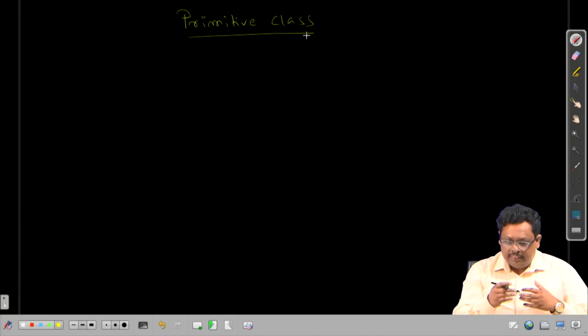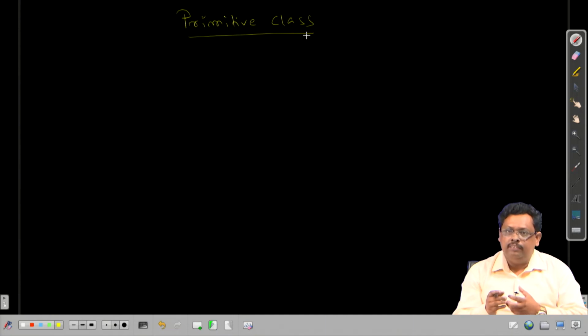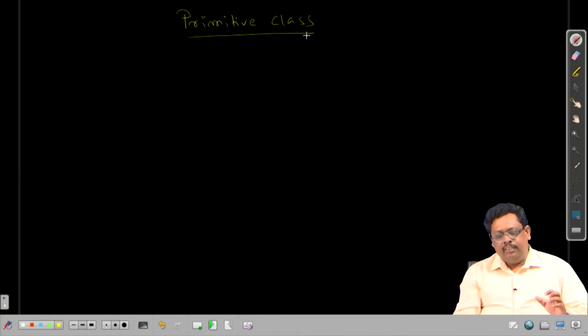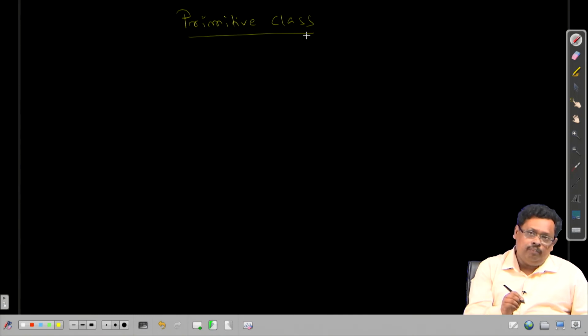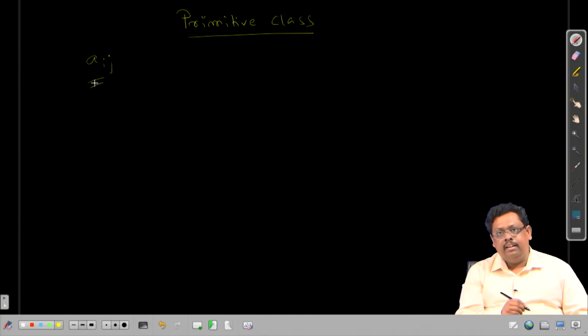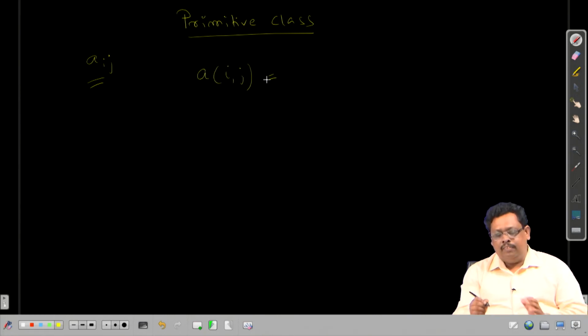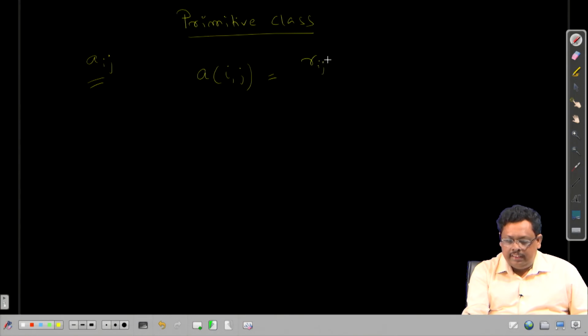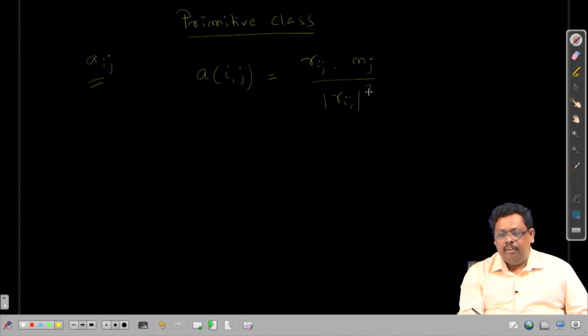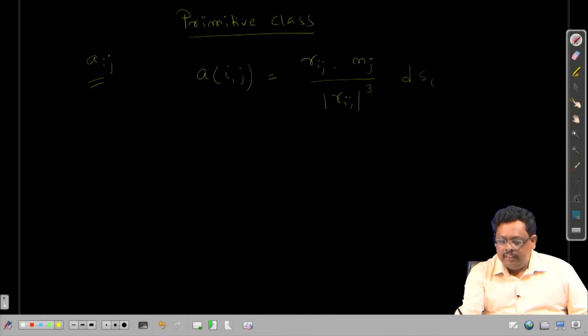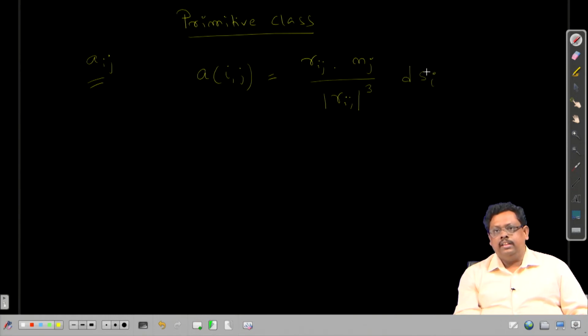When you say that input is minimum and output is minimum, what is the meaning of that? Suppose you want to perform this equation to get this coefficient A_ij, then at some point you need to do this operation, which is r_ij multiplied by n_j divided by mod of r_ij whole cube, and of course, you need to multiply with the area associated with this, right.